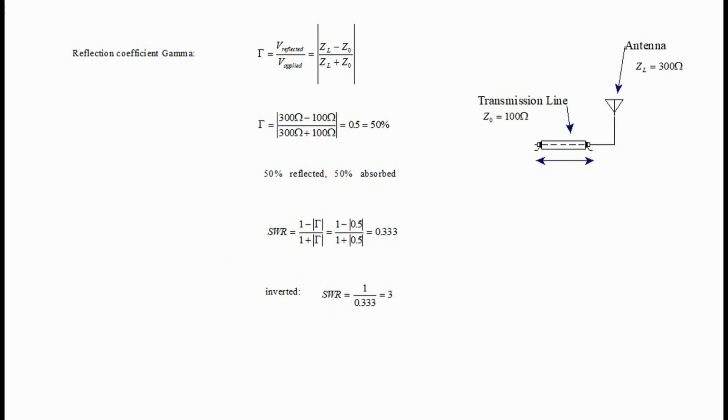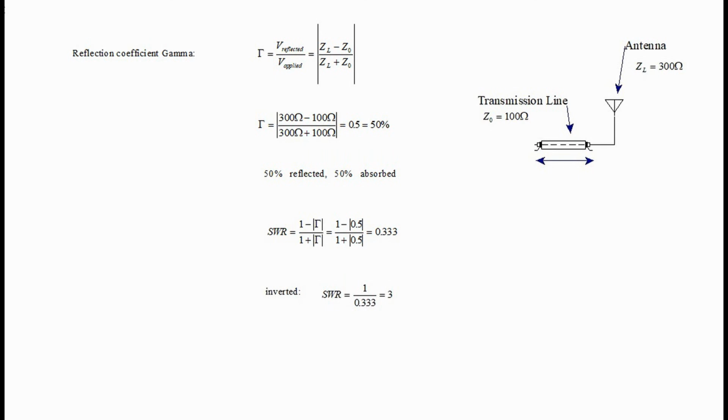The previous problem looked at how much energy was absorbed by the antenna. This problem does the opposite. It tries to calculate how much energy has been reflected using the reflection coefficient gamma. If you look at the formula, and if we know the impedance of the transmission line and the antenna, we can calculate gamma. In this case, gamma is 0.5.